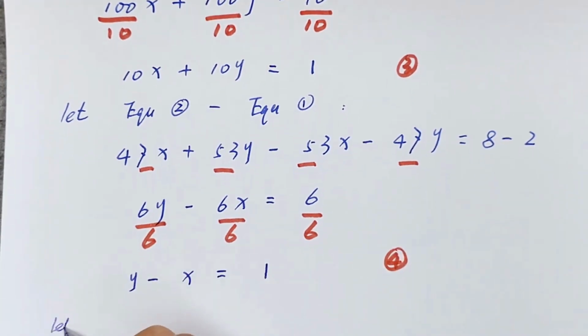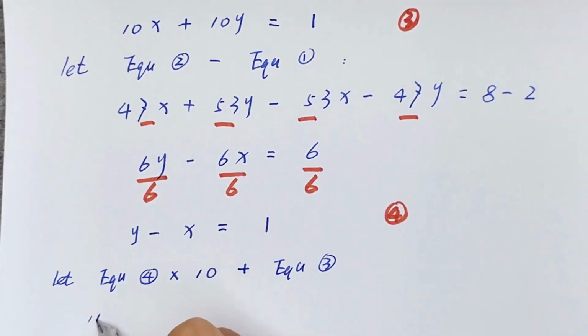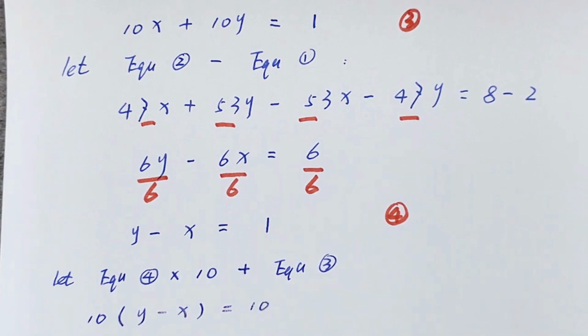Now we let equation 4 multiply by 10, then plus equation 3. 10 times y minus x equals 10. And equation 3 is 10x plus 10y is equal to 1.